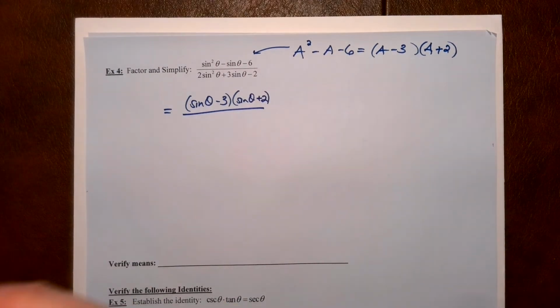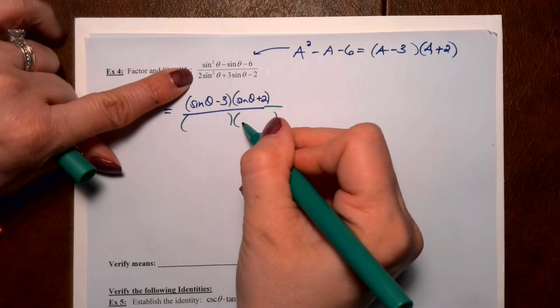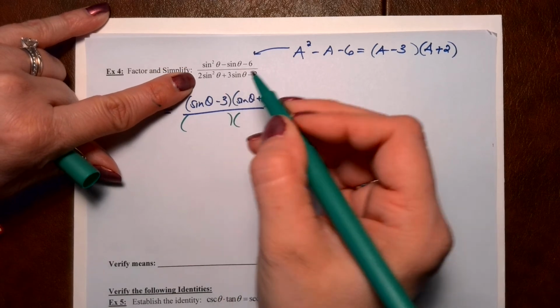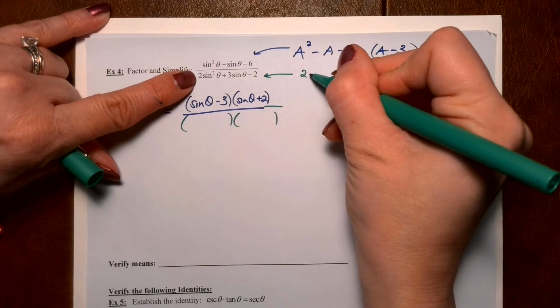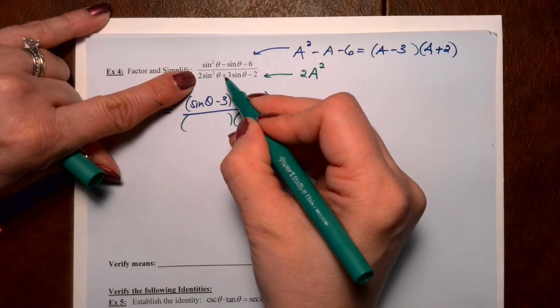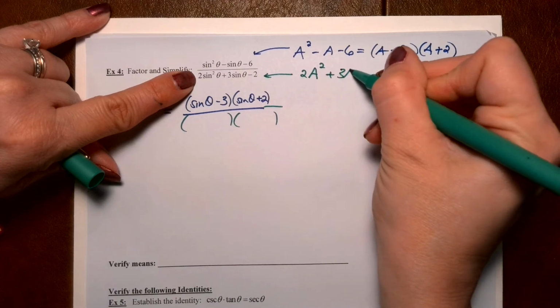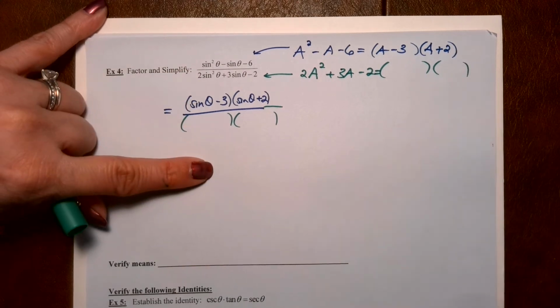Now, I guess you could do the same trick in the bottom. If you can get this denominator factored without doing a's, go for it. If it's just a little complicated to think of, you could think over here in the corner, 2 times a squared, then plus 3 times an a minus 2. So if that helps you factor, go ahead.